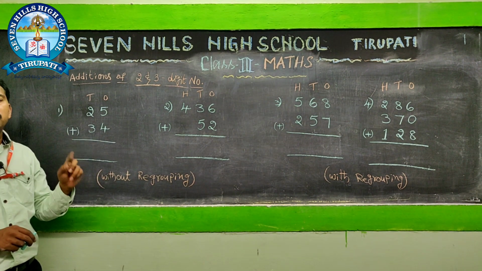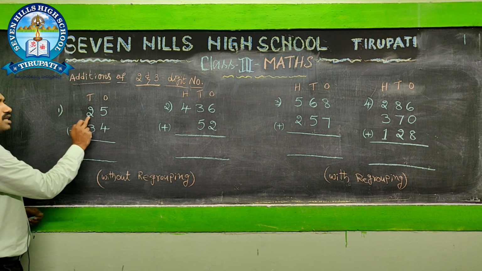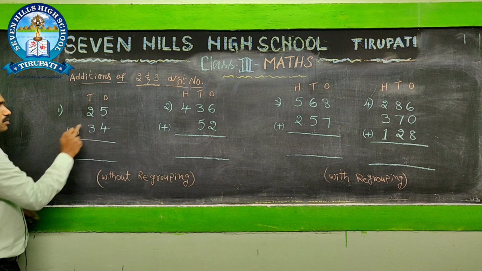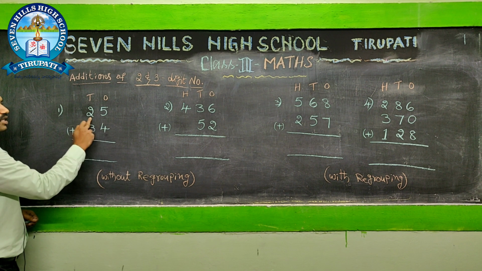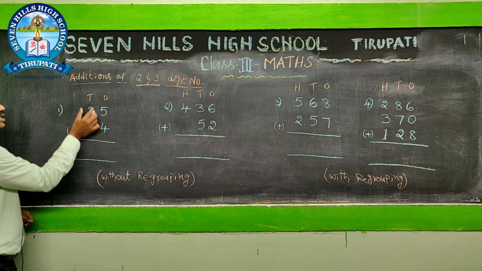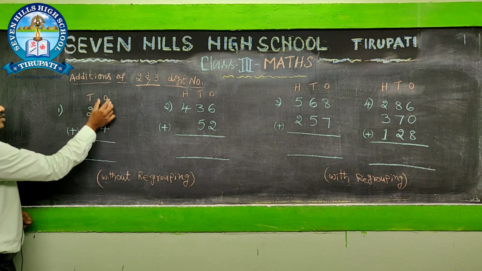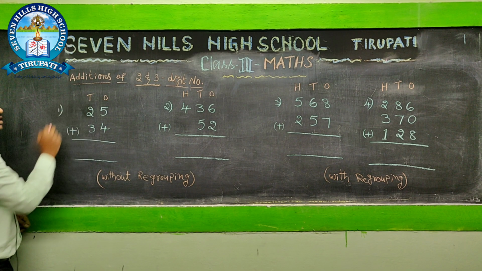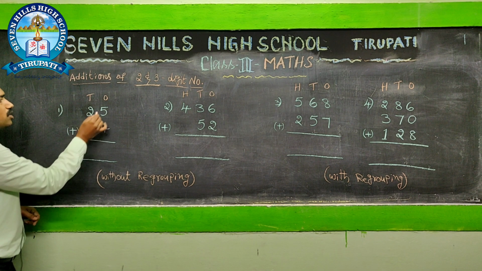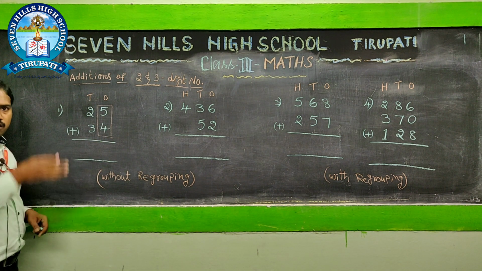Now let us revise additions of 2 and 3 digit numbers. How to add: here 25 plus 34. In 25, 5 is in the ones place, 2 is in the tens place. In 34, 4 is in the ones place, 3 is in the tens place. First of all, you want to add only the ones column.